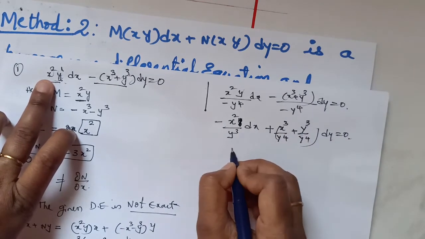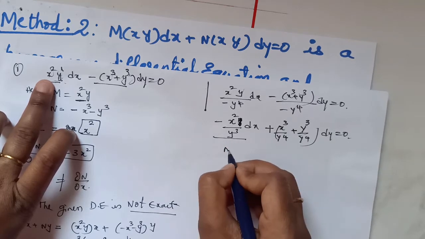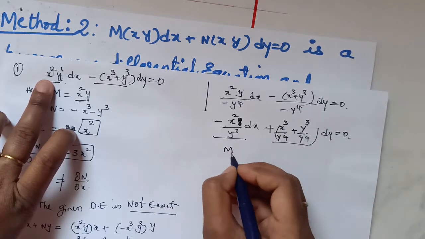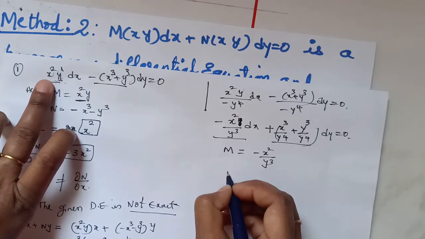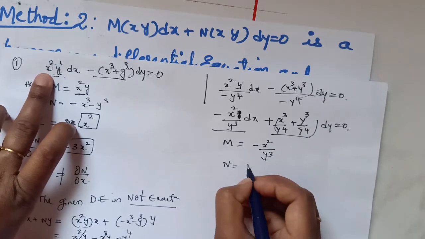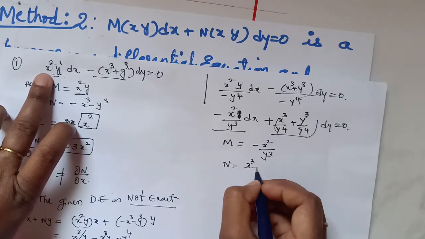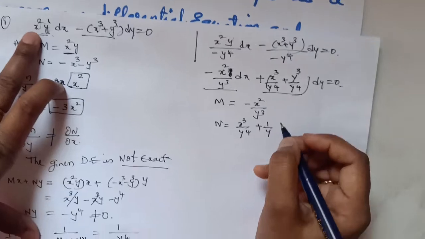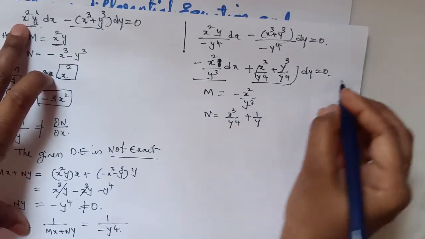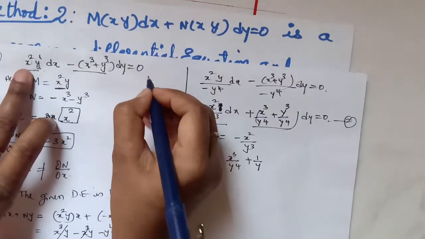Now it is in the form of m dx plus n dy is equal to 0. Here m is minus x square by y cube, n is x cube by y power 4 plus 1 by y. Consider this as equation 2.